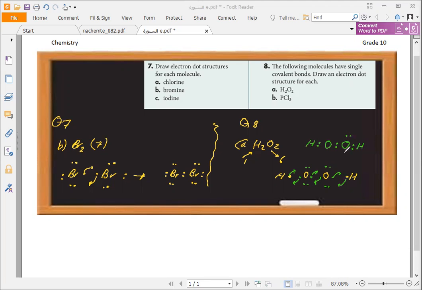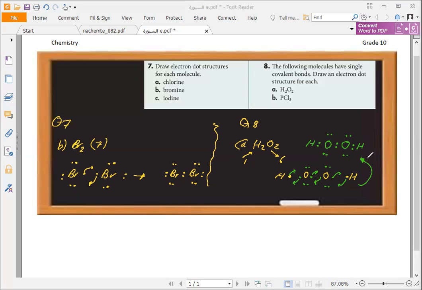Here we have 2 dots, this and this, and here we have 2 dots. Okay, this will be the electron dot structure for H2O2. Any question? No, teacher. Okay, you can take a screenshot or draw it in your notebook.